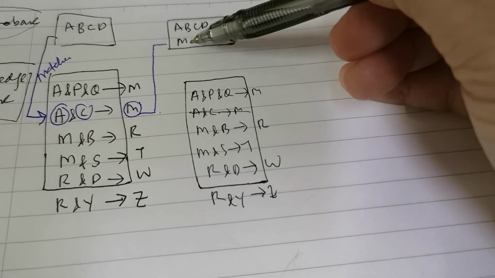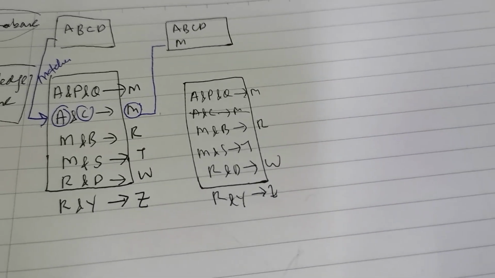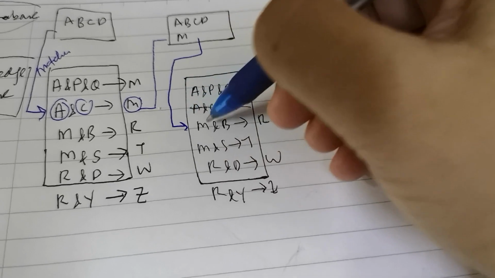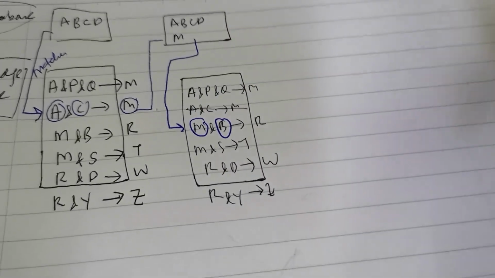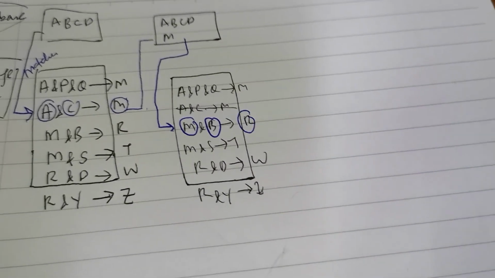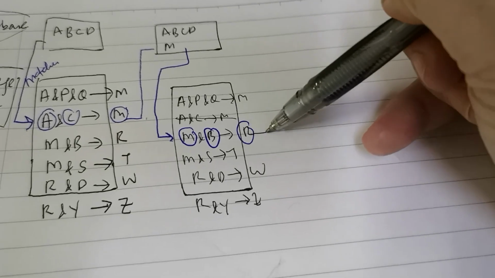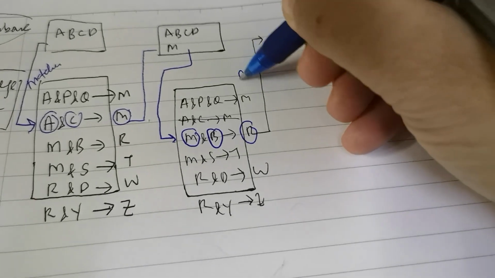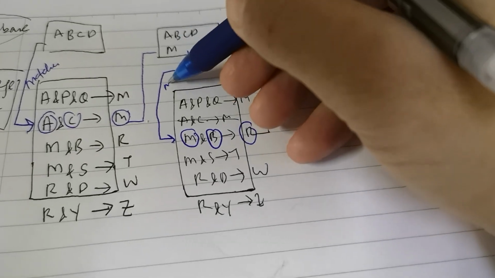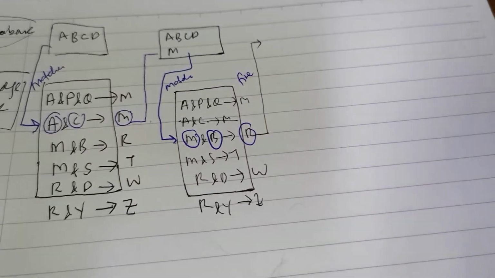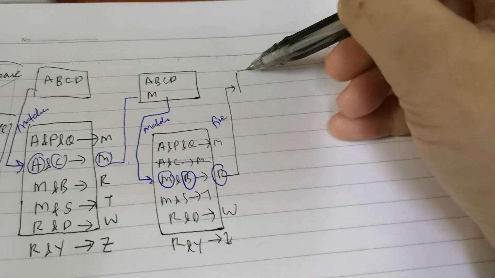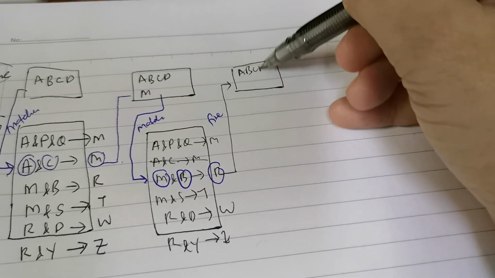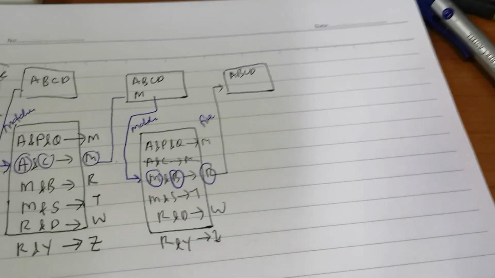M and B: you have M, you have B. So this one matches. Then fire the rule and create a new fact inside the database.